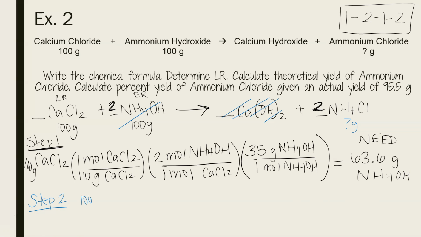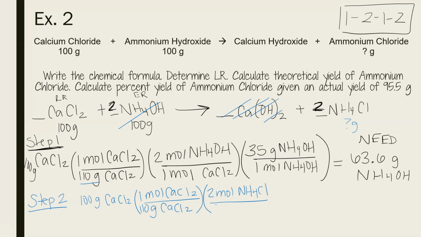All right, so I've got 100 grams calcium chloride. And remember, I don't have to redo the math because it's right here. All right, mole ratio is going to be 2 moles of ammonium chloride, because that's my unknown, over 1 mole calcium chloride.